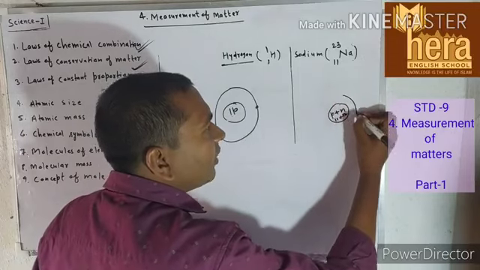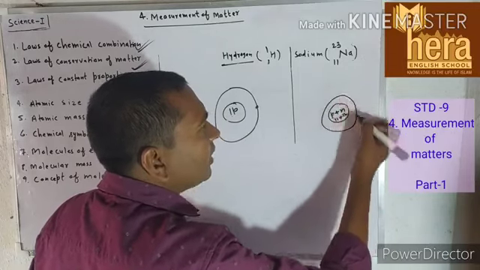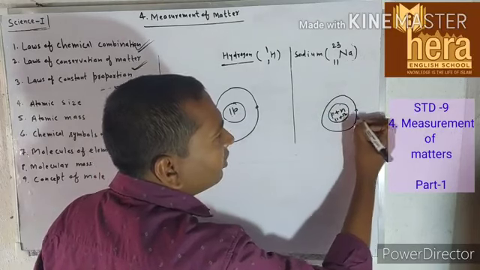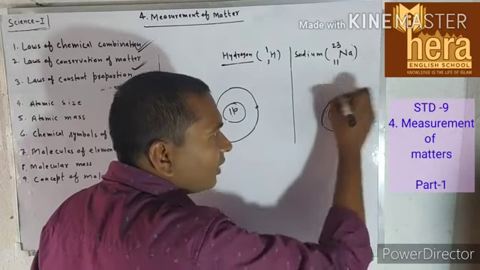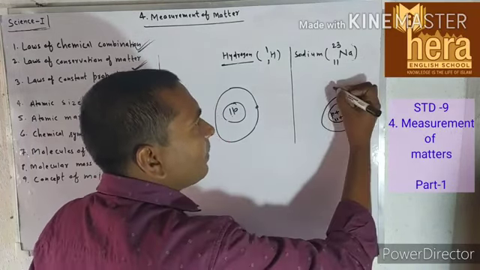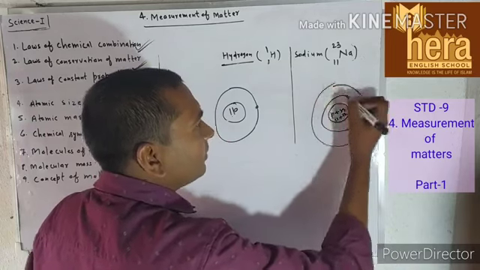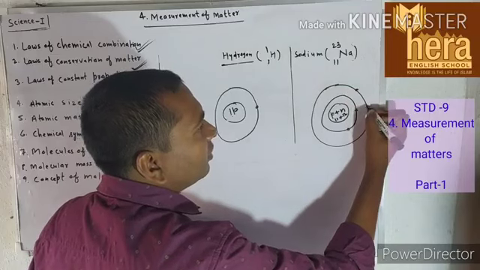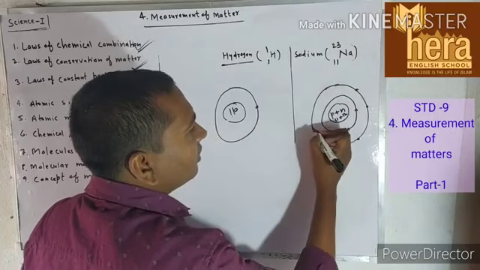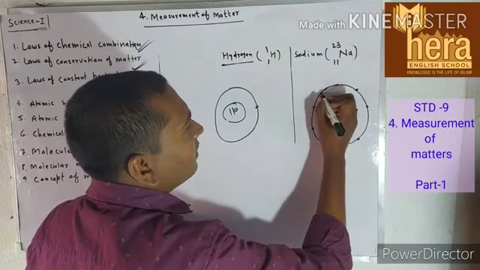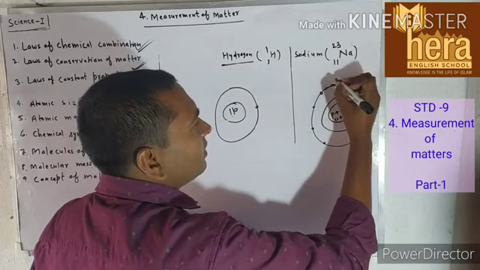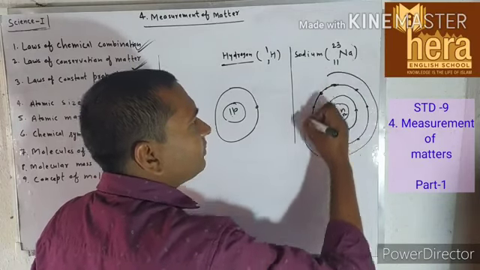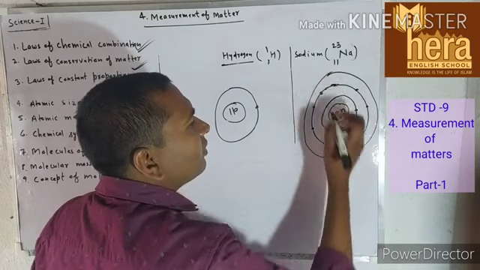This is the first orbit. In the case of sodium, in the first orbit there are 2 electrons, revolving around the nucleus. In the second orbit, there are 8 electrons: 1, 2, 3, 4, 5, 6, 7, 8. And in the last orbit, there is only 1 electron.